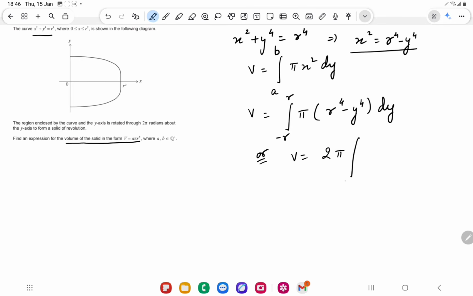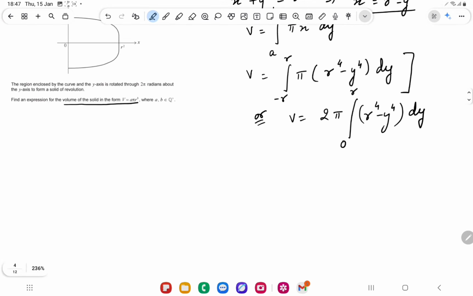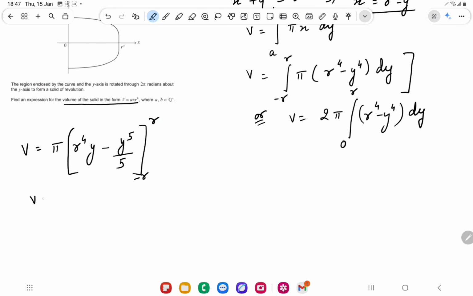I can take pi common. And why am I writing 2? Because I have changed my limits from minus r to r to 0 to r. So I can write it like this. Now you can solve it any which way. I will be solving with minus r to r. If I integrate, it will be pi times r to the power 4 y minus y to the power 5 by 5, since r to the power 4 will be a constant and my limits are from minus r to r.